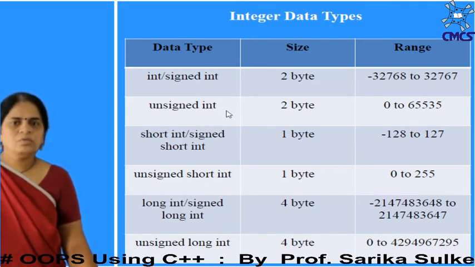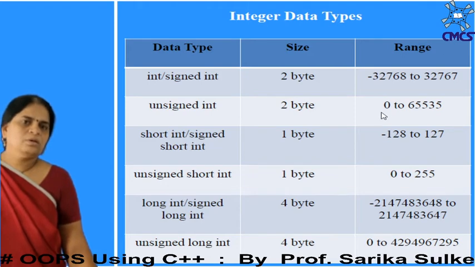But if you want to store values greater than this range, suppose मुझे 1 lakh स्टोर करना है, you can't store it in simple int data type. So for that purpose we will use the long integer data type, which takes 4 bytes of memory.